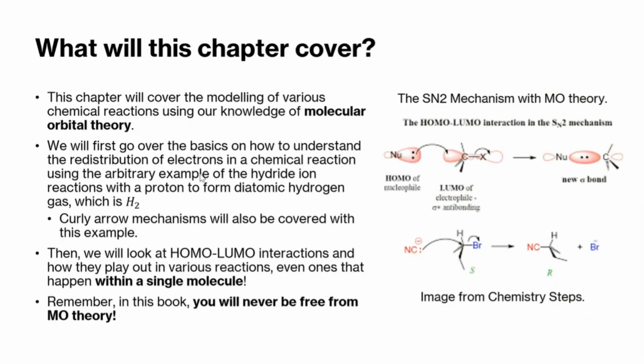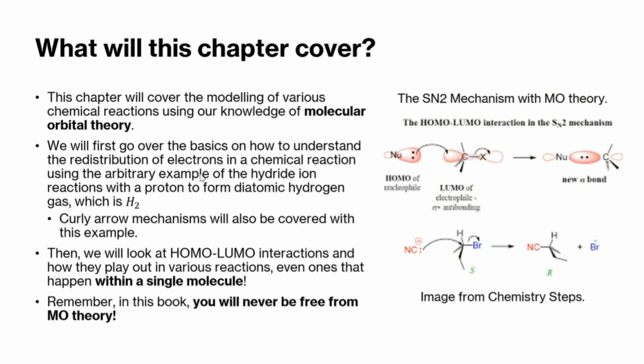Remember, back in our molecular orbital theory chapters, like chapter 4 and chapter 5, I stated that the HOMO of a molecule is its highest occupied molecular orbital. That's the molecular orbital with the highest energy that is also occupied with electrons.